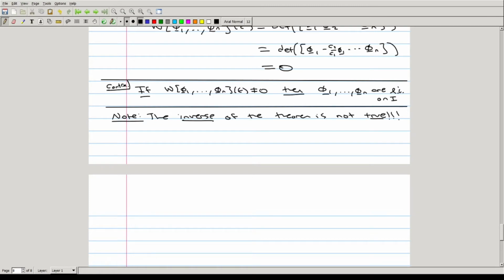So for a great example of this, just consider the functions phi1 of t is equal to the vector valued function (t squared, 2t), and phi2 of t is equal to (t times the absolute value of t, t squared over the absolute value of t plus the absolute value of t) for t in the interval from -1 to 1.